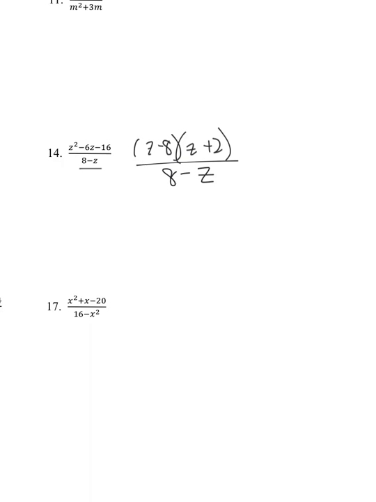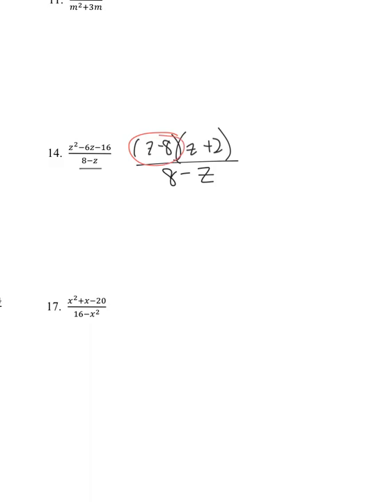Now, one of the biggest mistakes that kids make again is they will say, all right, z minus 8 and 8 minus z are the same thing. They are not. So in order to make them the same, you are going to actually have to factor out a negative 1 from one of the binomials. I'm just going to factor it out from the numerator, because I don't like to deal with what looks like a negative in my denominator.